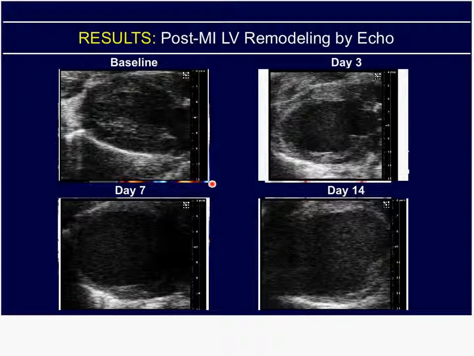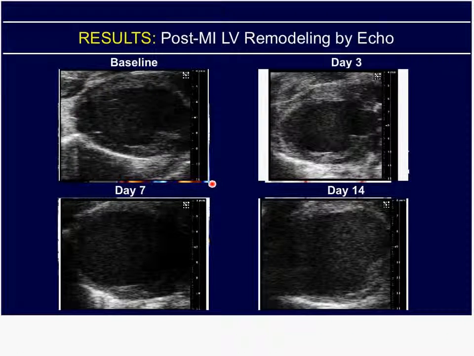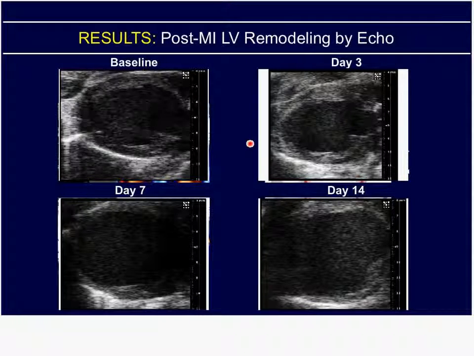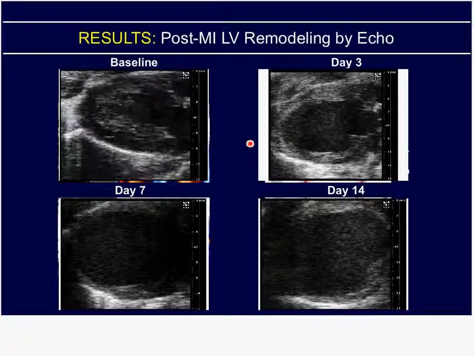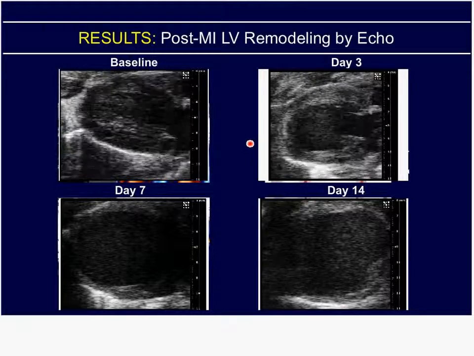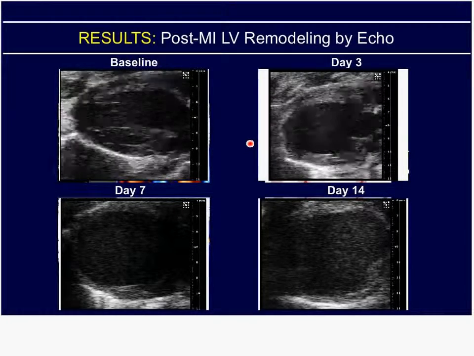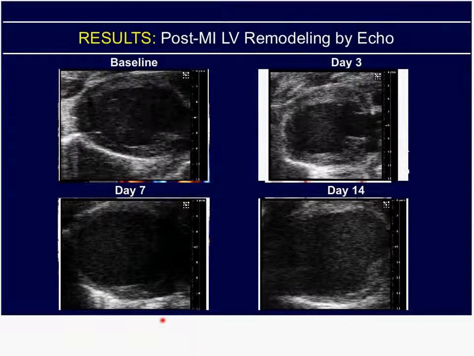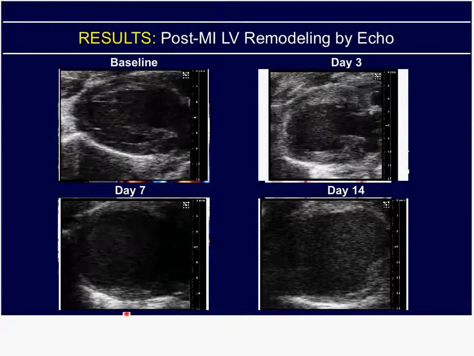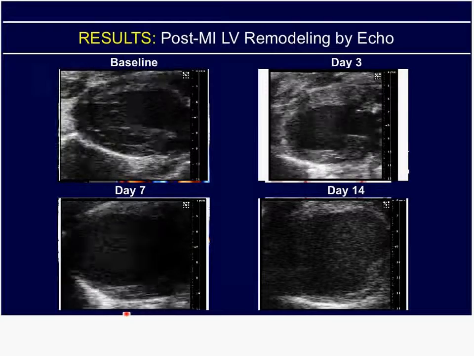So at baseline, we are showing a normal mass here and normal contractile function. This is a long axis image, of course. Day 3, it's after MI. It's easy to appreciate the infarct in the anterior wall. Day 7, this chamber volume has increased substantially.